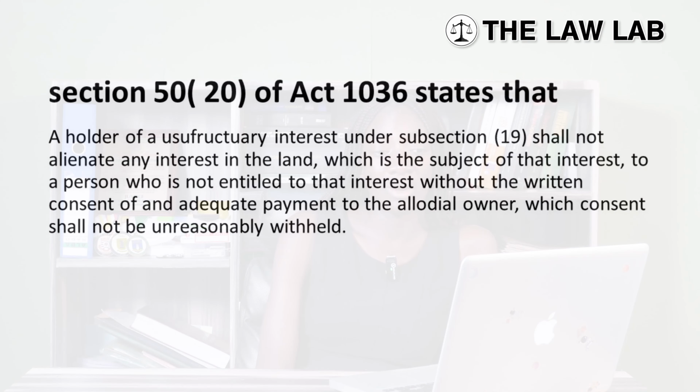Another novelty that has been introduced with the passage of the New Land Act touches on the usufructuary interest, and it states that the holder of the interest is proscribed from alienating any interest in the land to a person who is not entitled to that interest without the written consent of the allodial title owner.